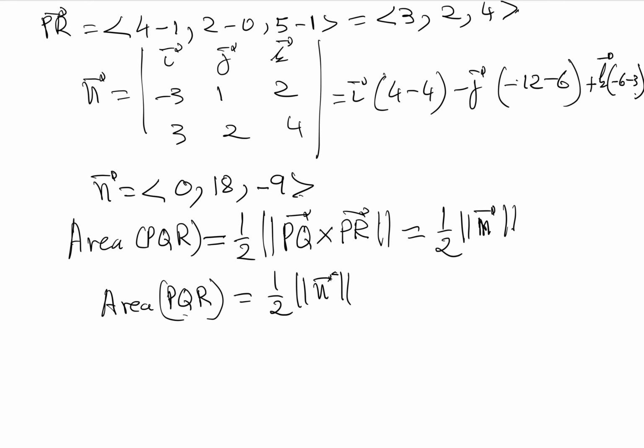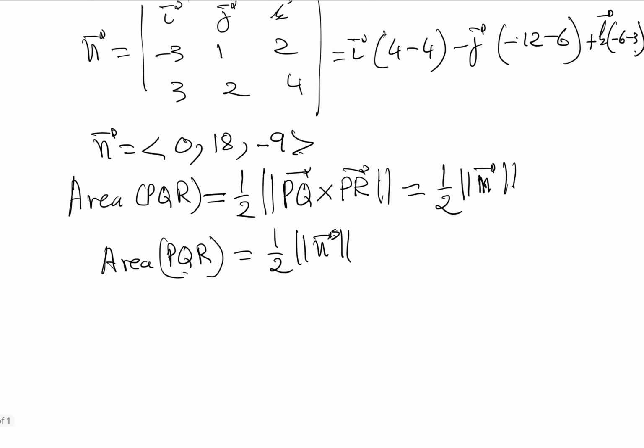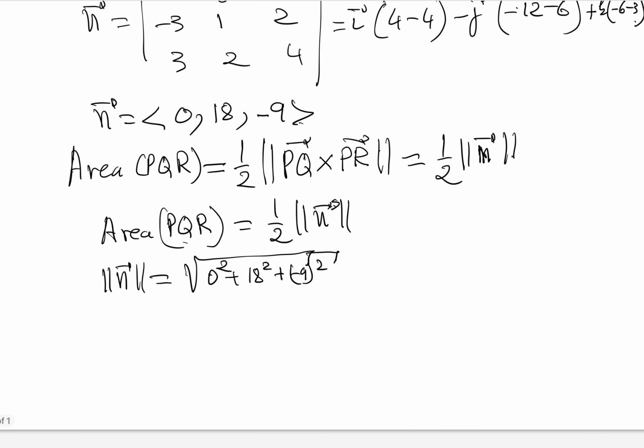So let's first find the magnitude of the normal vector. It is equal to the square root of 0 squared plus 18 squared plus (-9) squared. It's hard to find the number, okay? But you just have to figure it out.